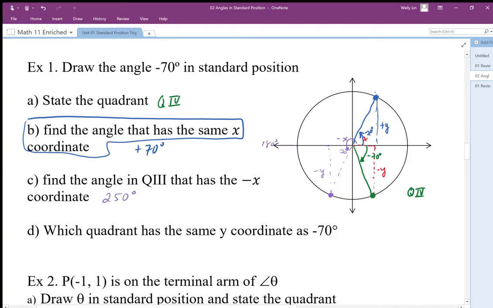Okay? So the positioning can be found by using some of the symmetry given in the diagram. We know that if the x coordinates are opposite of each other, there is this triangle symmetry in those quadrants, and we can use that symmetry to find the position from 0 degrees.